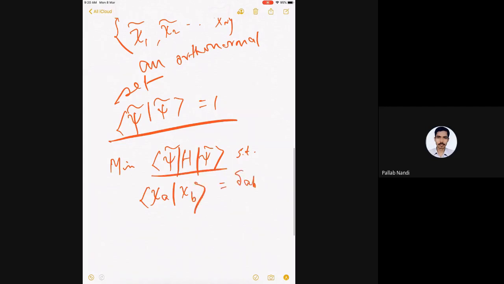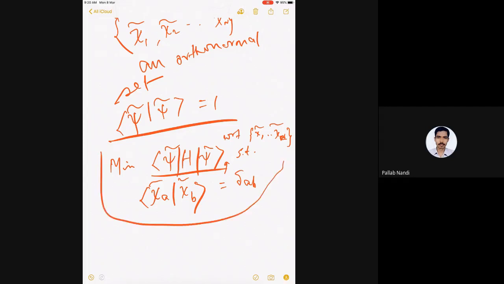So you vary these with respect to the spin orbitals chi1 tilde, chi2 tilde to chi n tilde, subject to this condition. I am writing this tilde just to say that they are trial functions. At the end, the results are the Hartree-Fock results.